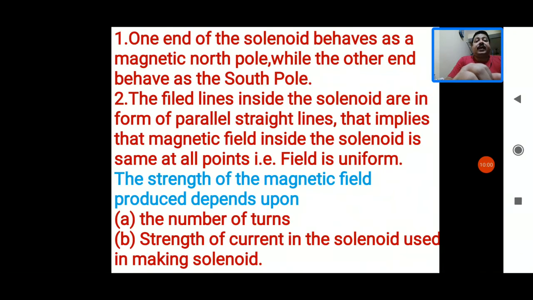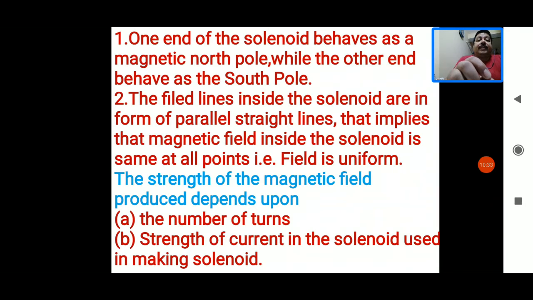One end has a magnetic north pole, while the other end has the south pole. I told you earlier that the solenoid behaves as a magnet, with one north pole and one south pole. The second thing is that the field lines inside the solenoid are parallel straight lines.